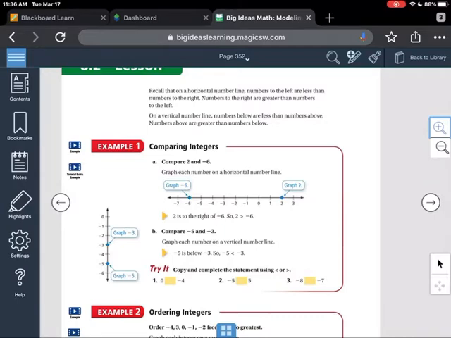So the bigger the negative number, as it goes more left on your number line, the value is smaller. So when we're comparing, if I say what is bigger, -6 or -5, you might think to yourself, well, 6 is bigger than 5, and you might want to say -6. And that is going to be the biggest mistake that you'll make when you compare these.